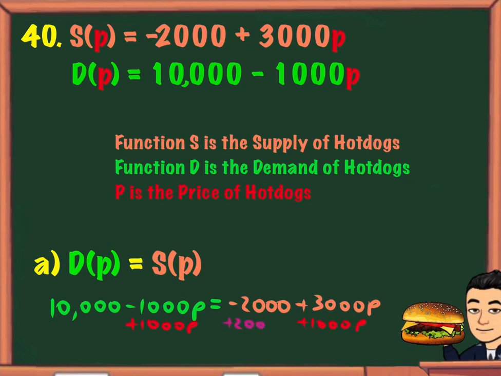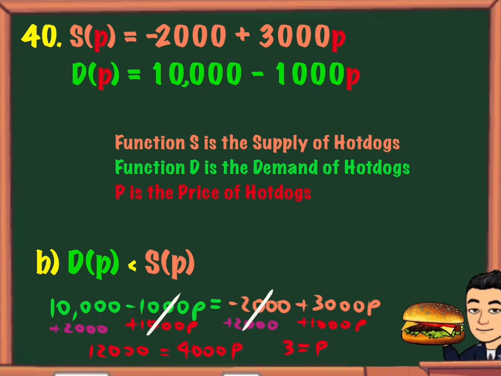Add 2,000 on both sides. These cancel. So you get 12,000 equals 4,000P. You get 3 equals P, which means that the price of a hot dog is $3.